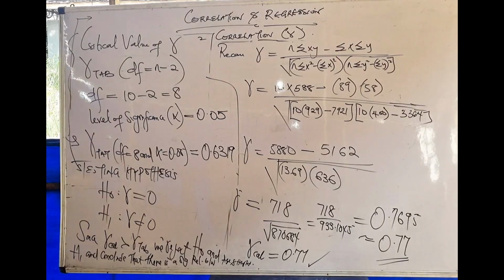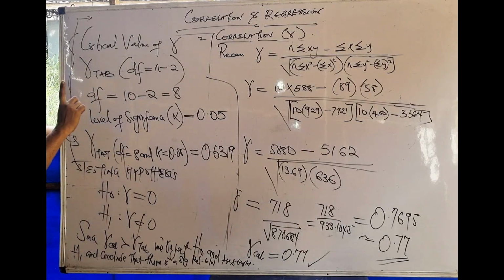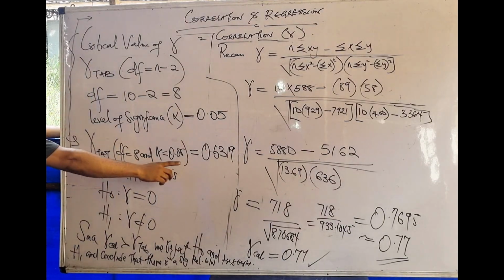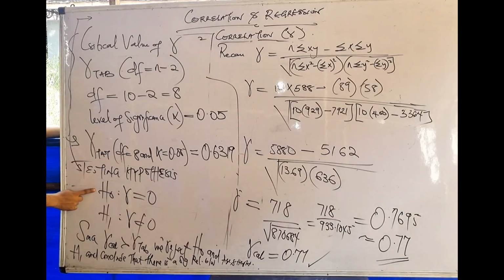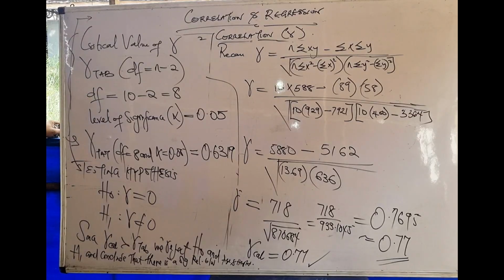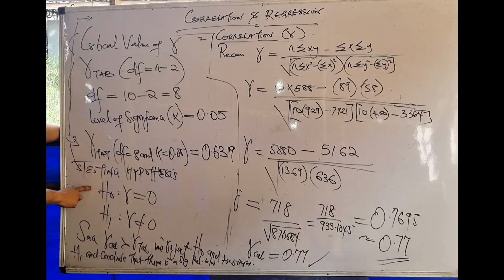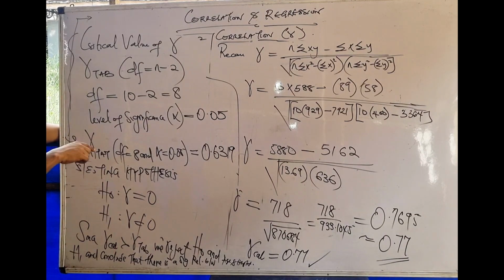You get the concept here? Because our calculated is greater than our tabulated, I will reject the null hypothesis and accept the alternative, and conclude that there is a significant relationship between height and age.